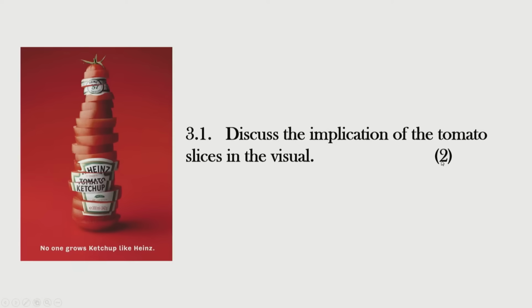It's only for 2 marks, so it's a bit unfair to make it a discuss question, but that's okay. We can deal with that. Discuss, which means investigate this by logic and argument, or reasoning and argument. Discuss the implication of the tomato slices in the visual.